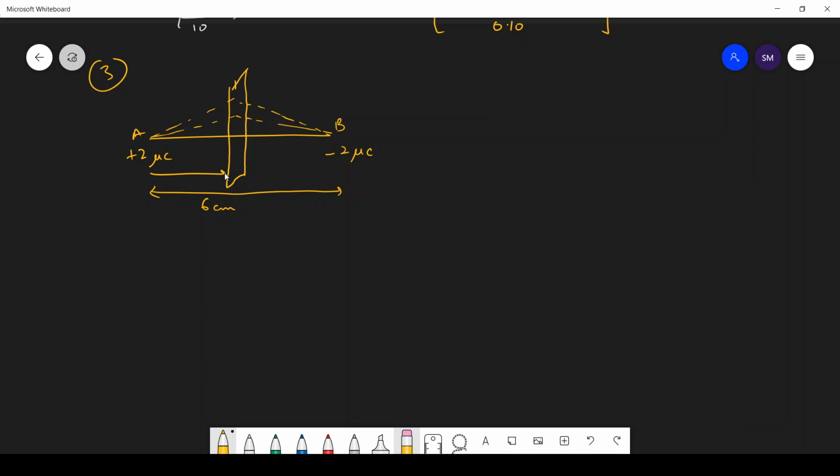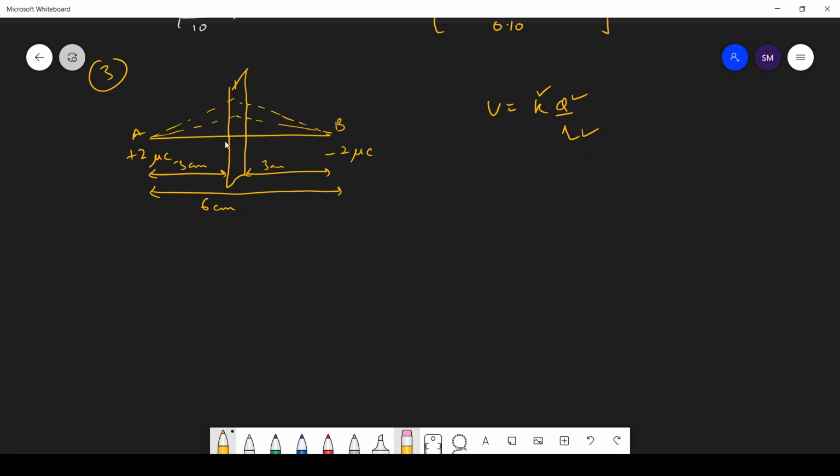So middle of the line means 3 centimeter from this side and 3 centimeter from this side, because we know that V is equal to KQ by R. The magnitude of Q is the same, and in the middle this R will also be the same, and K is the constant. So potential due to plus 2 will be plus, and due to this will be minus.